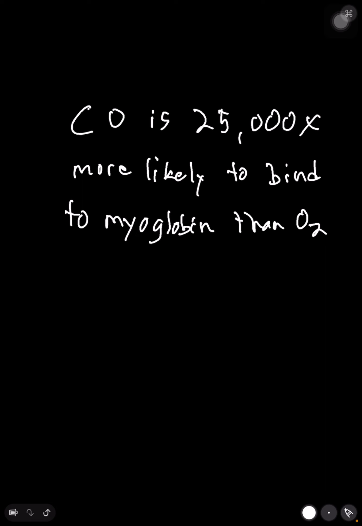So if the heme and myoglobin likes oxygen, it loves carbon monoxide, right?